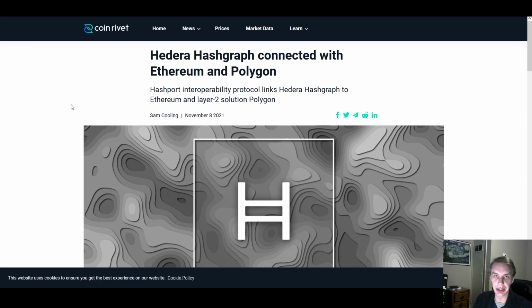It can make it a lot easier for people to bring in assets from the Ethereum blockchain, from the Polygon blockchain, into HBAR to do their DeFi on the Hedera Hashgraph protocol, and then use HBAR as the currency for those things, as the native token that they would need for all those transactions. So I think that is a good step.